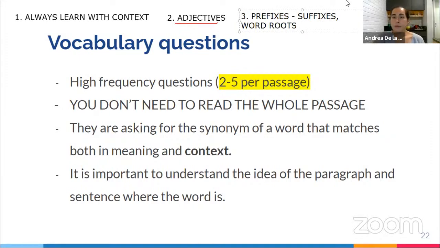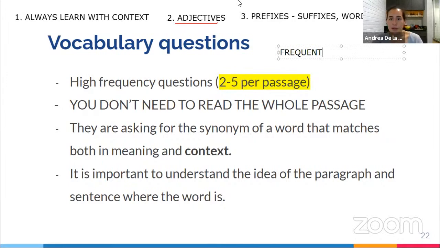Now, the good thing about vocabulary is that the same thing happens in Spanish, you probably realize: from one word, you can learn many words. Let's say the word frequent, right?